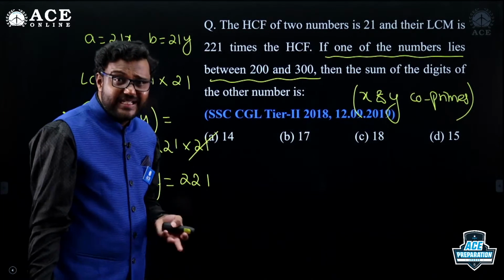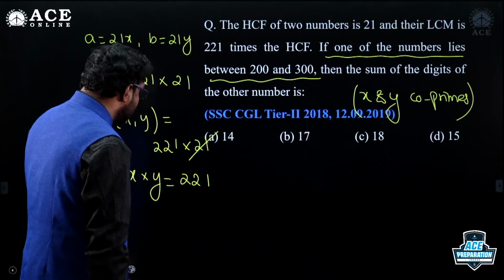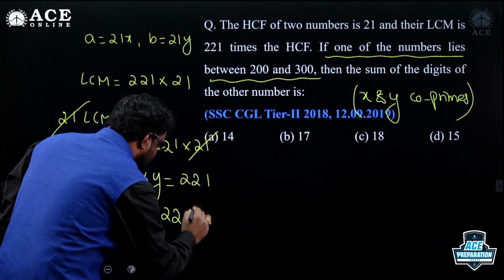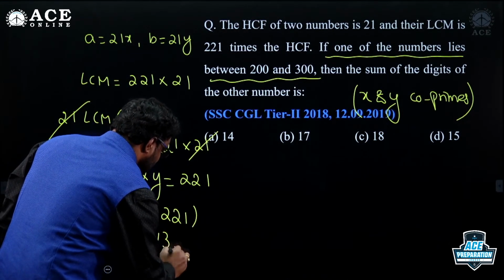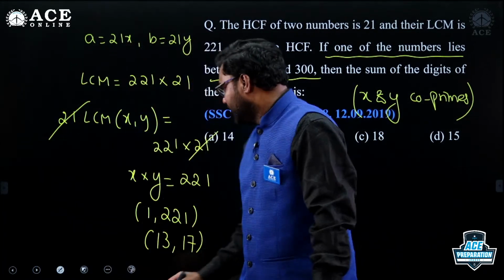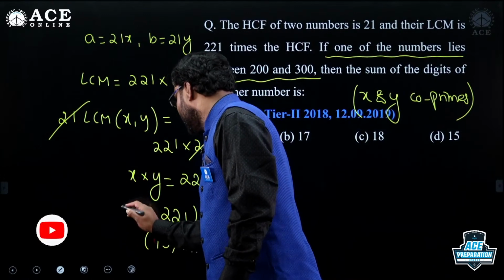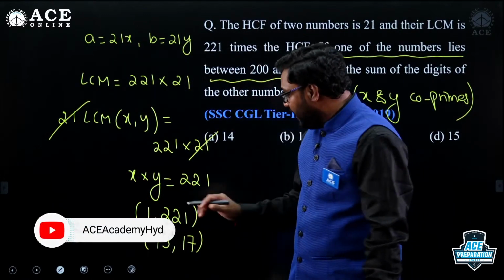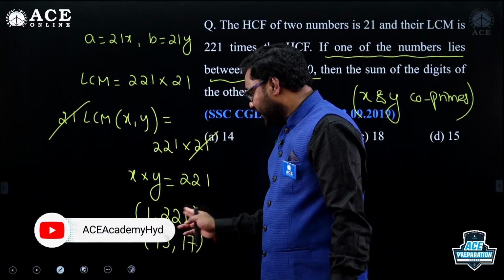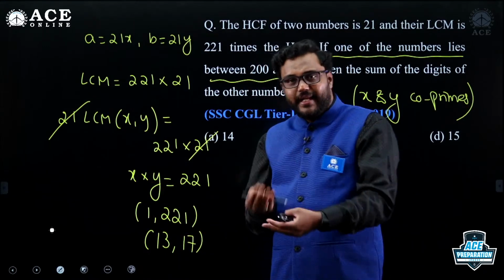Only two pairs satisfy this: one is 1 and 221, the other one is 13 and 17. Only two pairs satisfying this: x value 1 and y value 221, or x value 13 and y value 17, and vice versa. So 17, 13, 221 and 1, vice versa we can take, my dear friends.